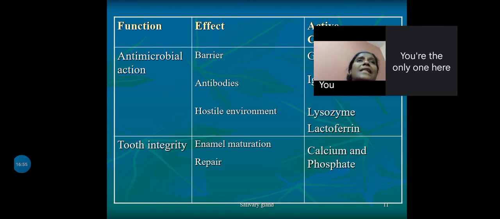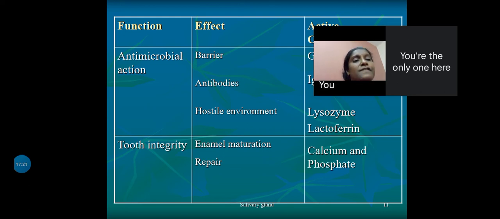Let's imagine that for some reason those physical barriers were passed. That is, the waterproofing effect, the lubrication was missing, and the bacteria have finally managed to attach themselves to a surface area. Let's say a tooth surface or an oral mucosal surface. Then what to do? Even then, the saliva is capable of handling these bacteria by the antibacterial substances present inside it.